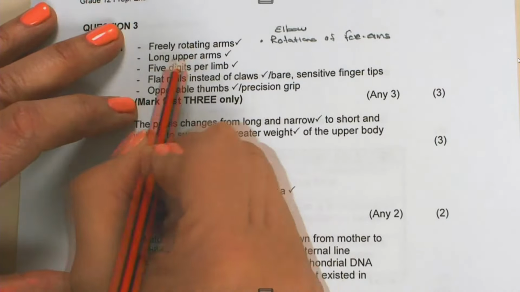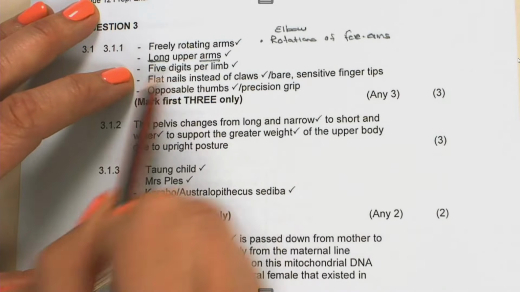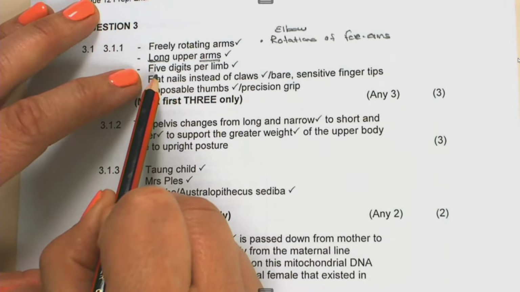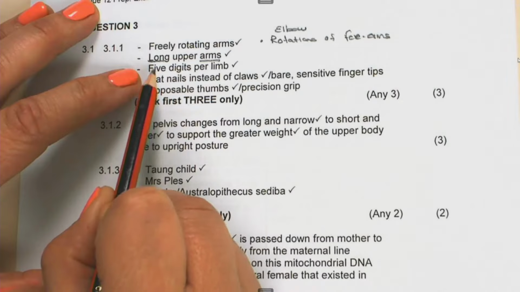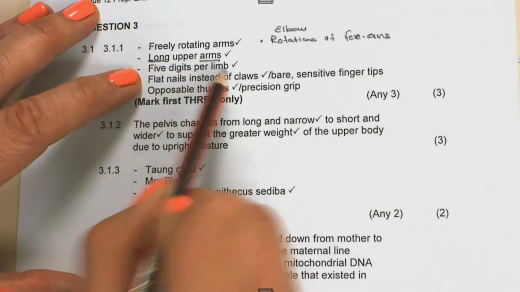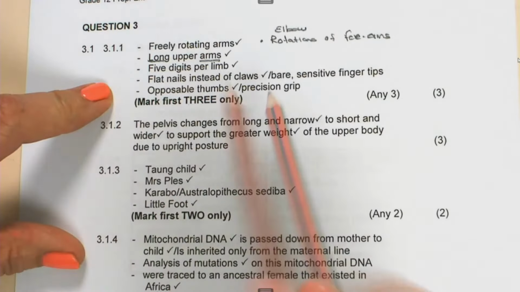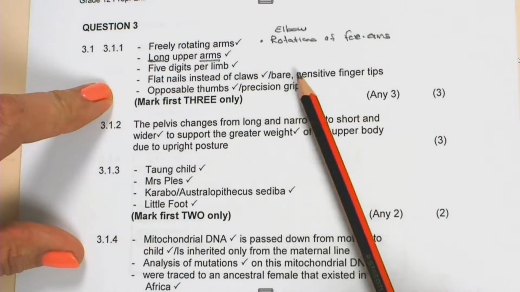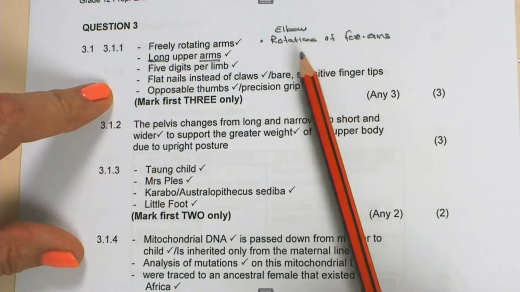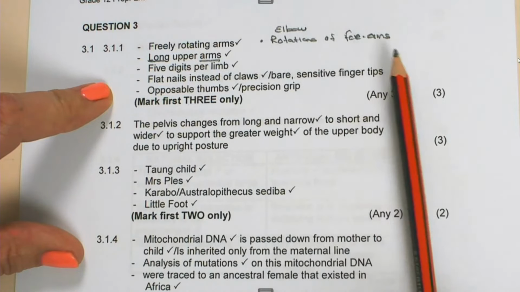I just want to say something here. Learners tend to write long arms. That is wrong. It must be long upper arms. Or they will only write 5 digits. Where? It must be 5 digits per limb. Flat nails instead of claws. Also, the other one that we can put in here is the elbows that allowed rotation of the forearms.